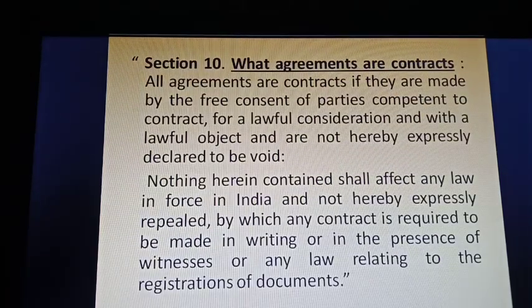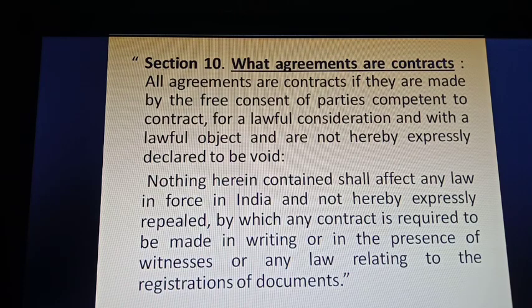Section 10 states what agreements are contracts. In para 1, it lays down the general conditions by which an agreement becomes a contract, and in para 2, it describes the laws which prescribe any special conditions by which an agreement becomes a contract.